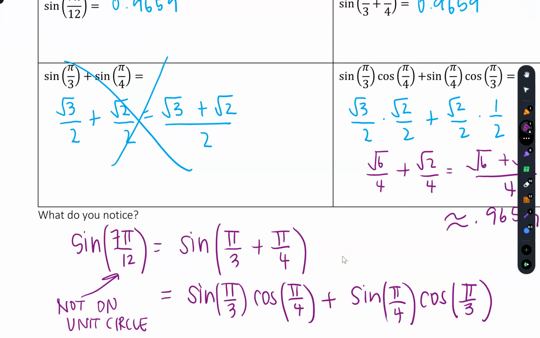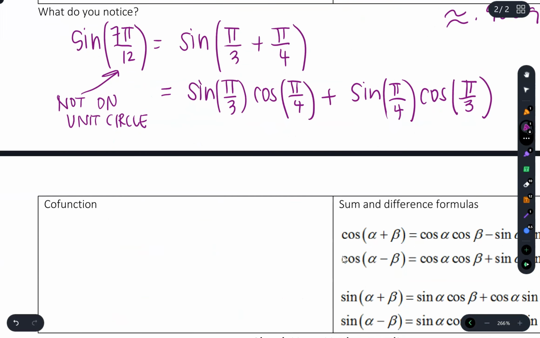All right, so this is our introduction to the sum and difference formulas. So we can expand sine by adding two angles together. I took something that I didn't know, 7 pi over 12, that I do not know on the unit circle, but I made it two angles that added together.